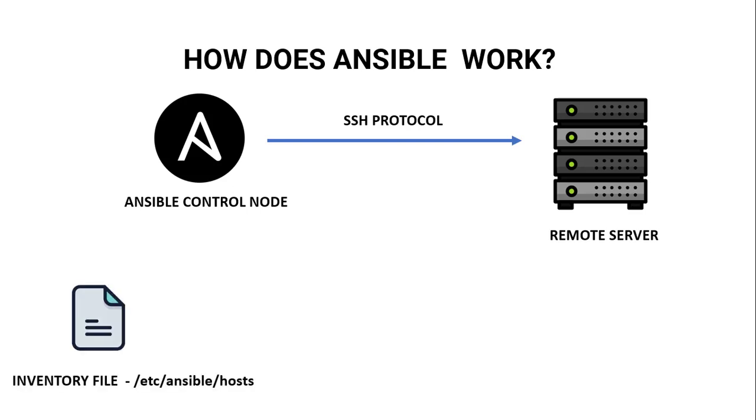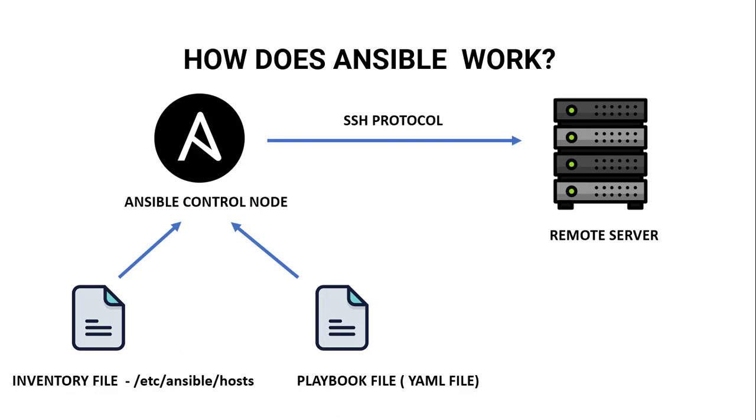The information about the remote server will be stored in the inventory file as shown, and the tasks to be carried out will be defined in the playbook file. So this is just a brief introduction and a demonstration of how Ansible works. Next up, we are going to see how you can install Ansible on Ubuntu 22.04.